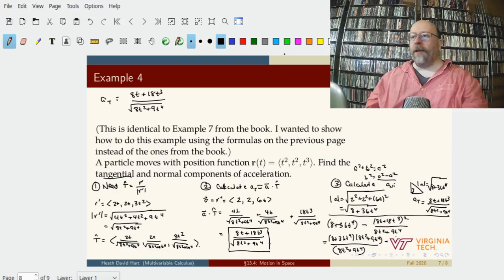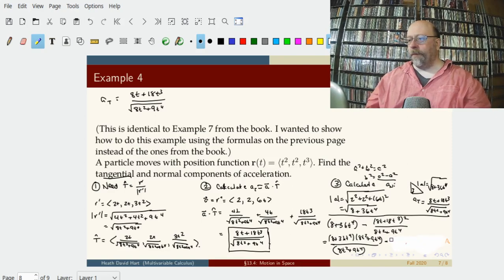Is there a way I can blank out that logo? Yeah, I can do that. Make it a little bit easier to read. Yeah, it's better. All right.